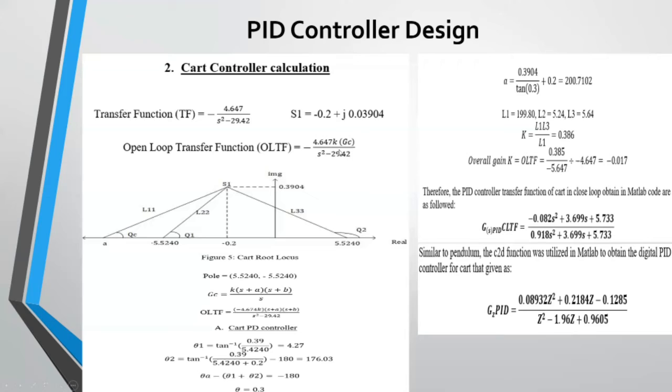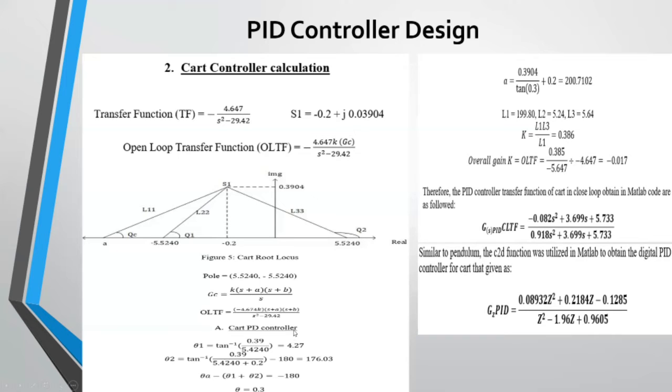So after we obtain the values, we obtain them by calculating first the angle, and we know in the root locus the angle of the total of the poles and zeros will be equal to negative 180 or plus 180.